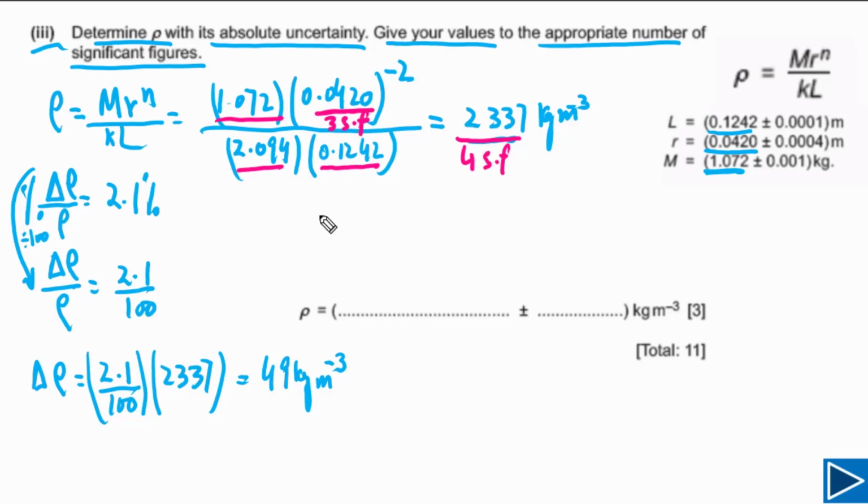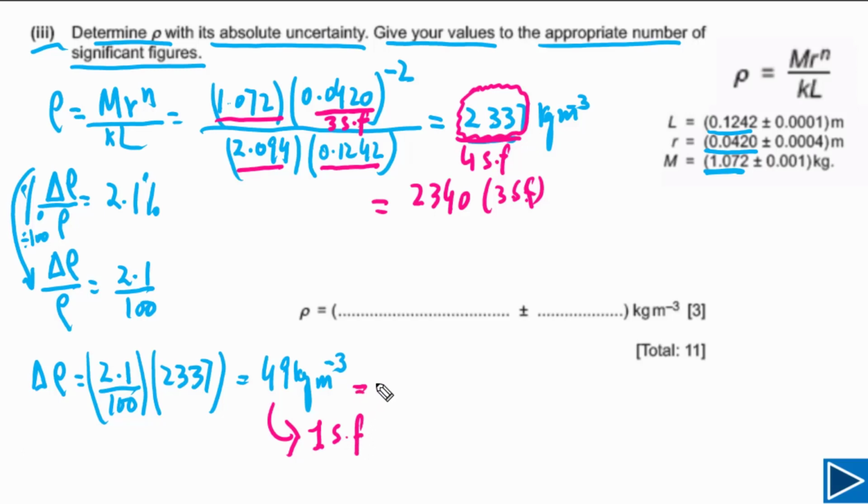In our final answer, we can have the least number of significant figures or one more. So we can write this up to 3 significant figures, simply 2, 3, 4, 0. So this has 3 significant figures. Absolute uncertainty, we have to write up to 1 SF only, so this one we can simplify to 50.